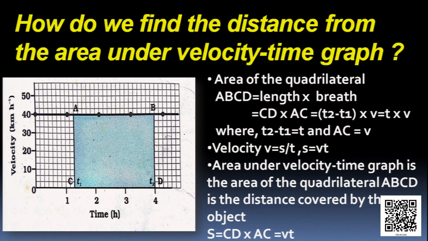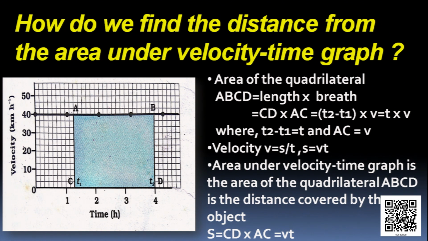Now the area of this quadrilateral ABCD is equal to length into breadth. CD is the length and AC is the breadth. So the area of the quadrilateral ABCD is equal to length into breadth, which is CD into AC.